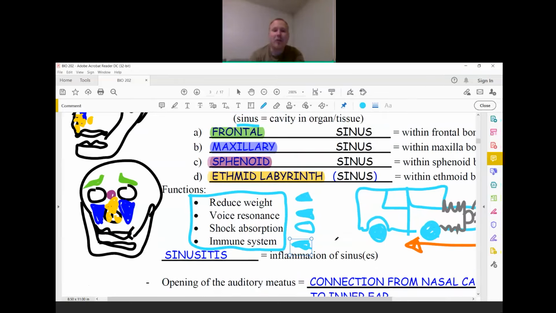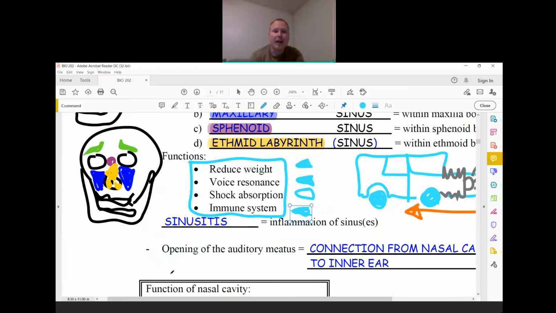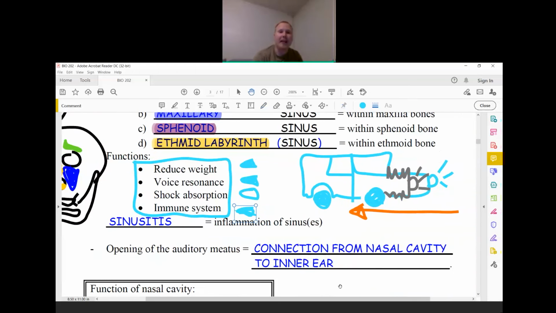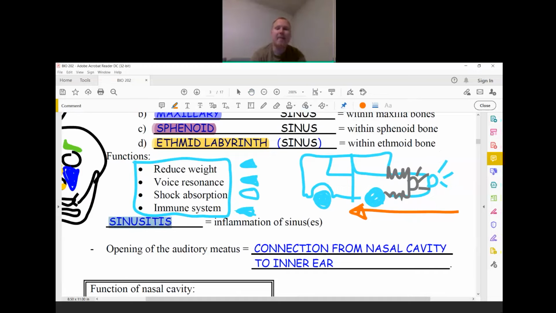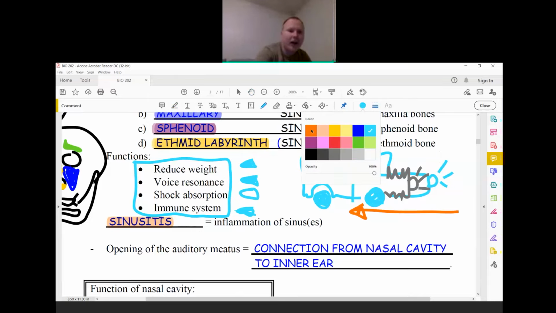We can see that immune system role explained with the condition known as sinusitis. If you remember our discussion about how medical terminology works, whenever it's itis, it's an inflammation of something. In this case, of course, it's an inflammation of the sinuses.